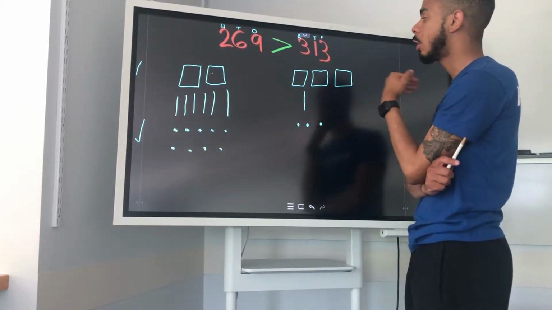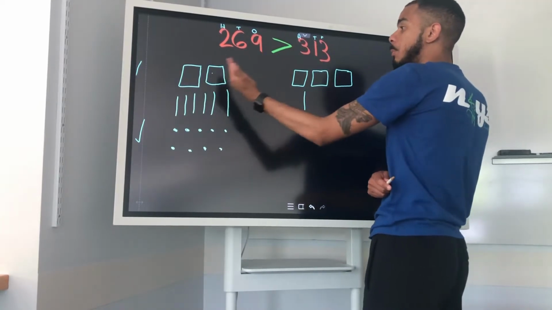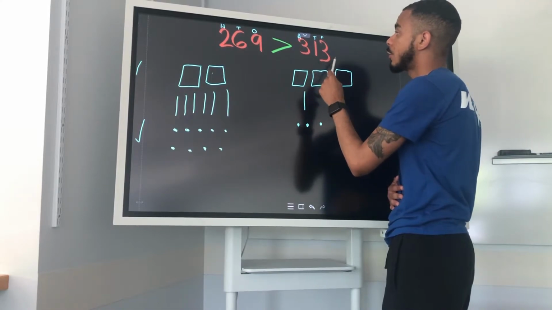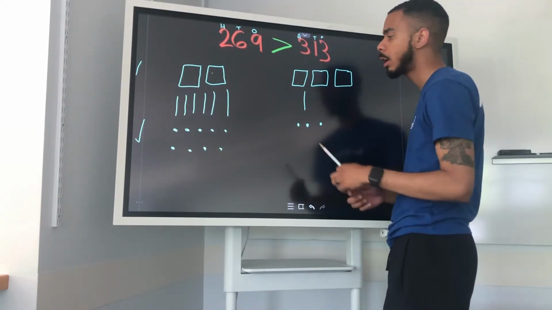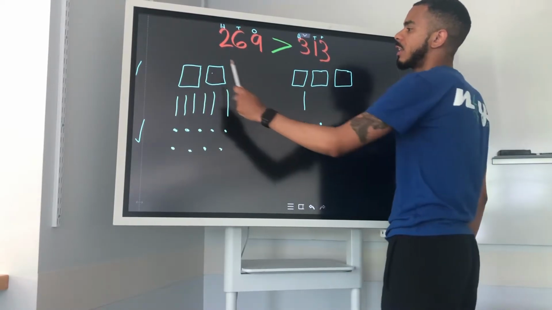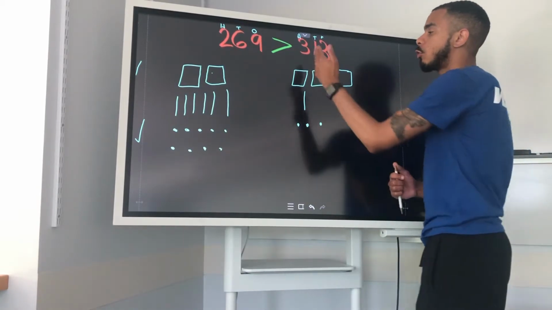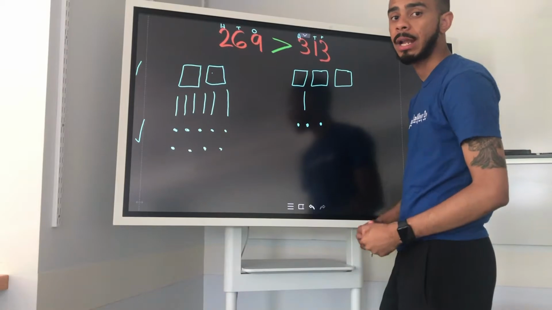And when we look at the hundreds first, we compare who has more hundreds. 313 has more hundreds than 269, right? There's 300s here, there's 200s there. So that tells me that 313 is greater than 269.